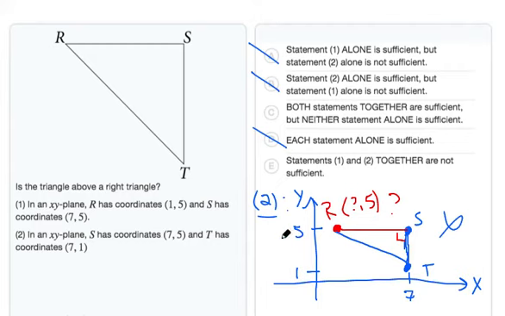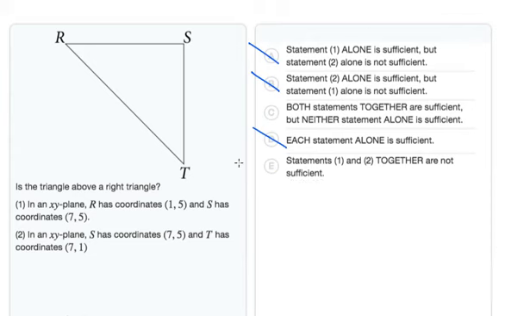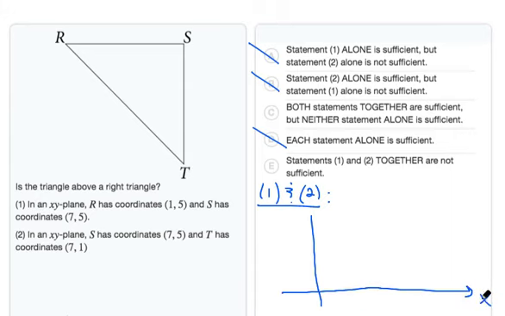Now we have to combine the two statements. So let's clear our board, and combine both statements, statement 1 and statement 2 together. Now we're given all of this information for an xy plane, so again, we'll map it, drawing our coordinates and labeling our axes.